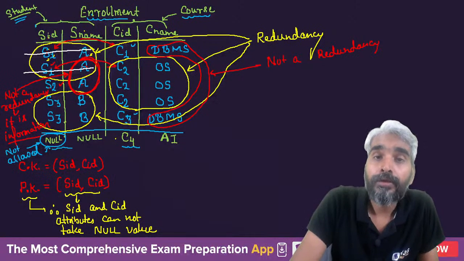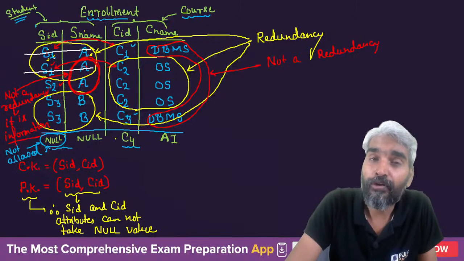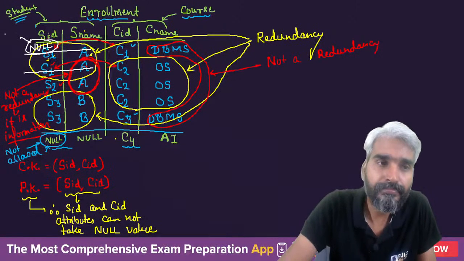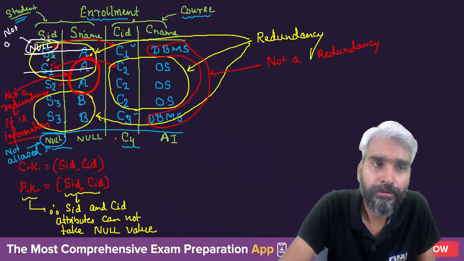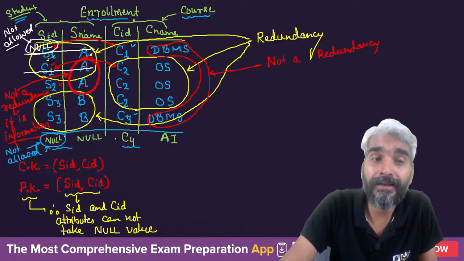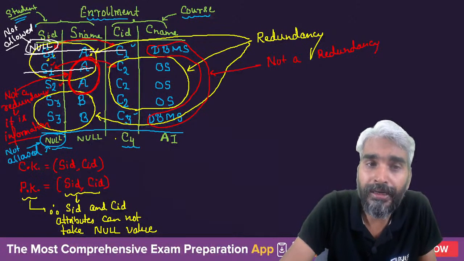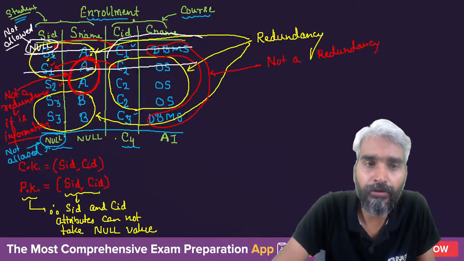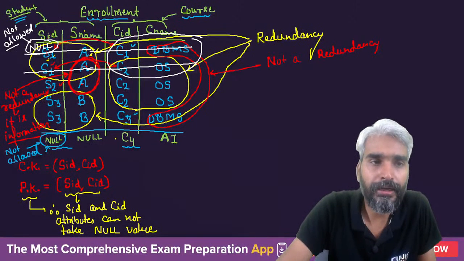You cannot simply remove the information of student S1 and place null at these places, because it is not allowed. Yes or no? Because you cannot place null values at the place of SID, you will have to delete the complete tuple.